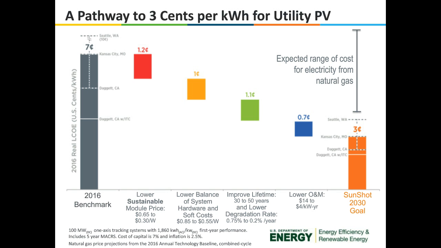Today, we're almost already there at 7 cents a kilowatt hour in an average climate like Kansas City, as is referenced here. And you can see the span of the cost of power from solar in a very sunny area like Daggett or a less sunny area like Seattle. It varies by about plus or minus 1 to 1.5 cents.